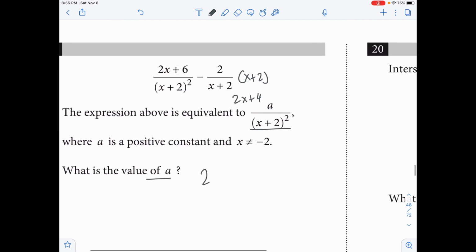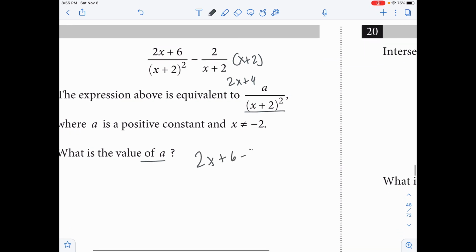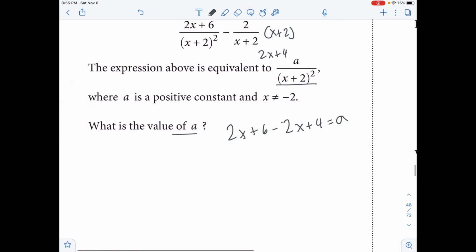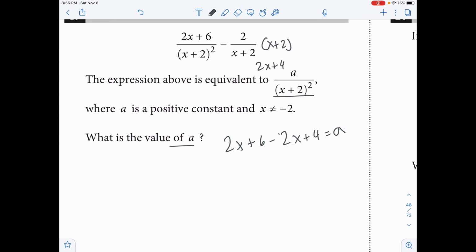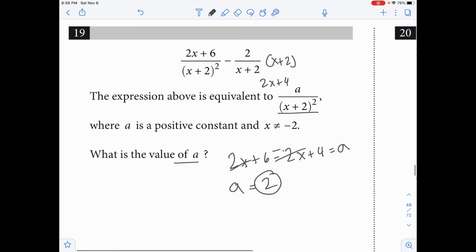So 2x plus 6 minus 2x plus 4 has to equal a, because a is the numerator of the final expression. So 2x is canceled, and then you have 6 minus 4, which is 2, so a is 2, because there's the negative sign right here.